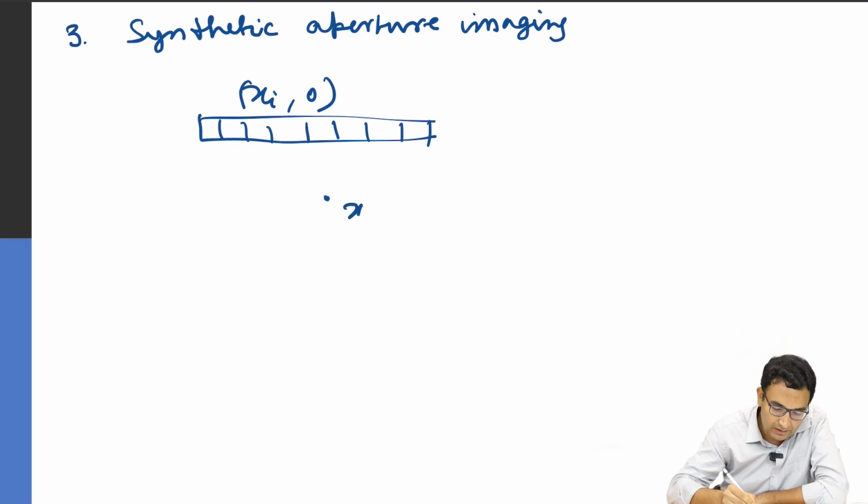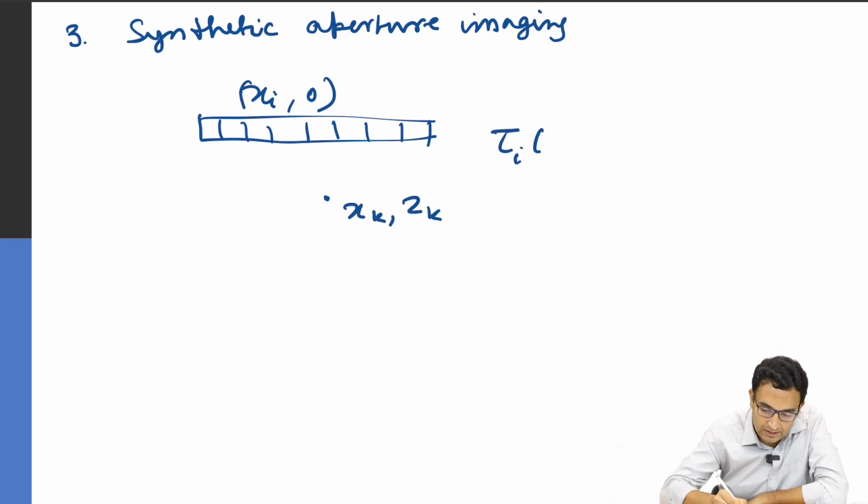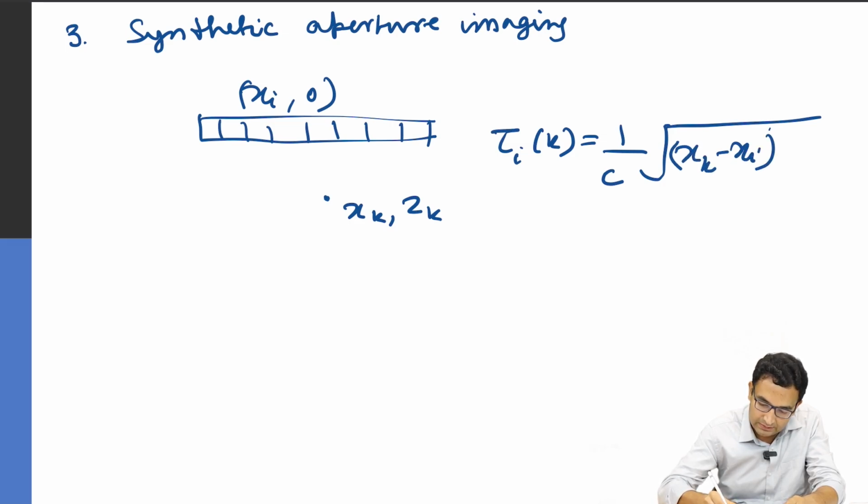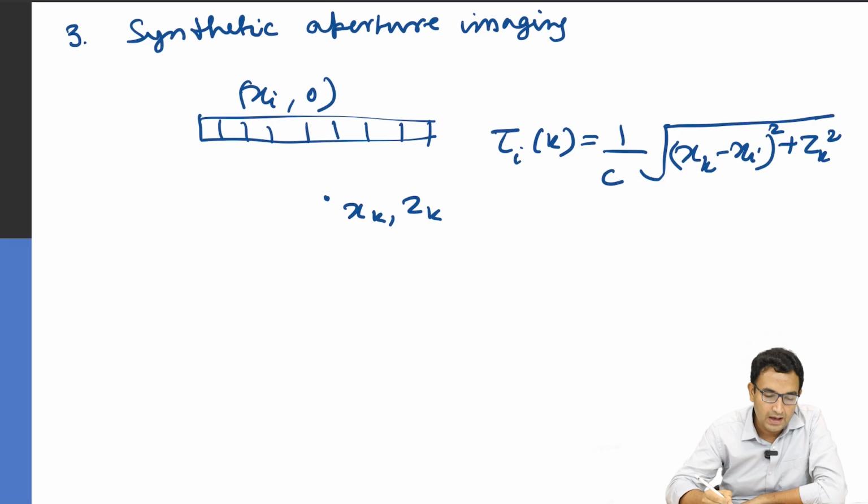Simply, if I have a point at xk and zk, then I can calculate the delays based on distance, which is 1 by c square root of (xk minus xi) square plus (zk minus 0) square, right? So this is going to be my delay, and like I said, we need to sum up the transmit delays as well as receive delays to get the total delays. Once I have the transmit delay and the receive delay, that is my total delay.